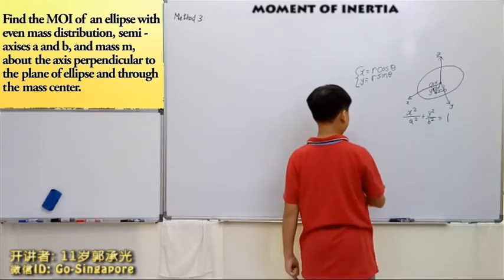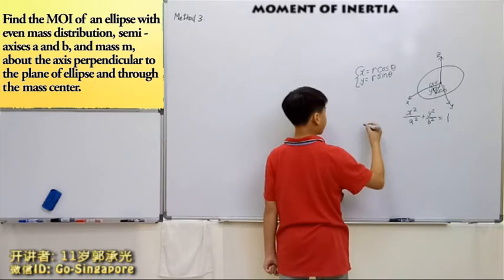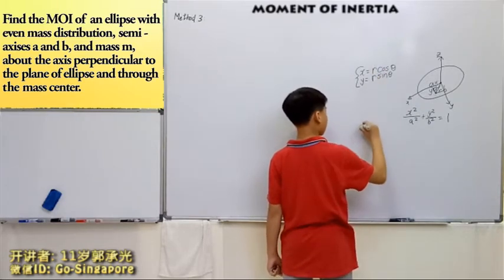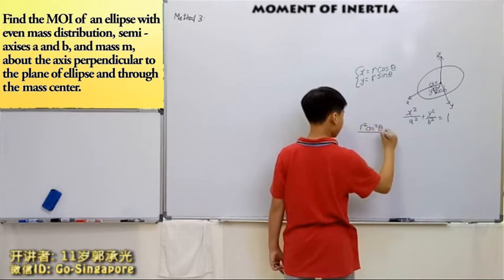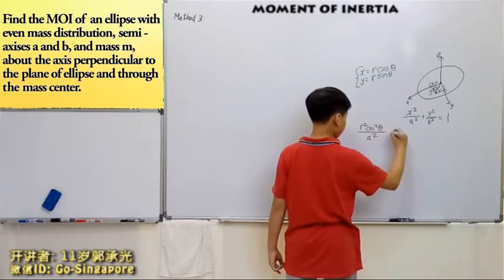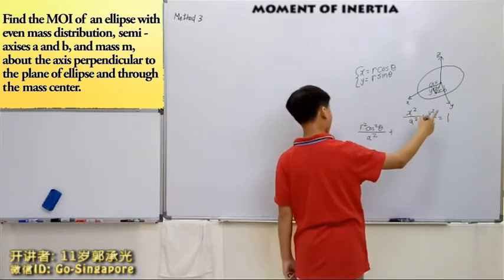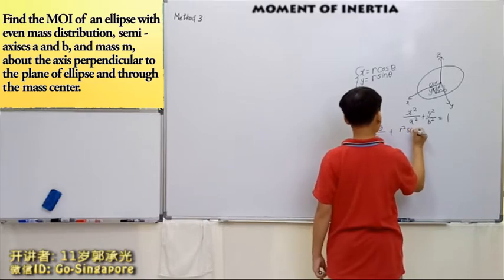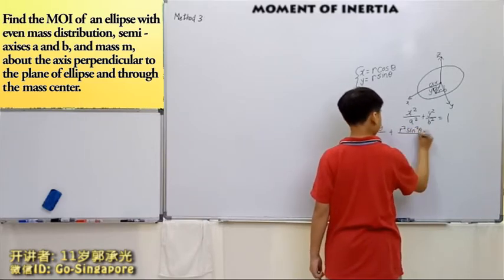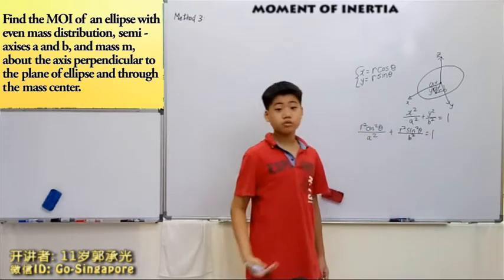Okay, let me just write everything. First part here, x squared over a squared, put this in: r squared cosine squared theta over a squared. Then plus this part, y squared is r squared sine squared theta over b squared. And this is equal to 1.